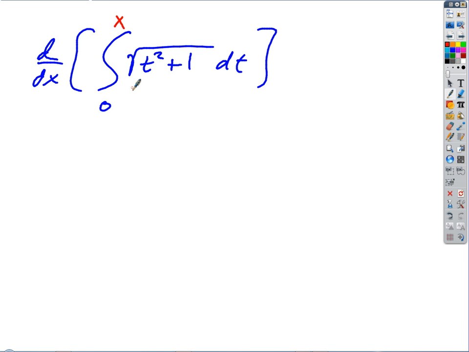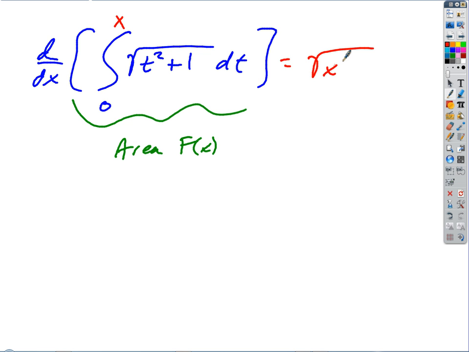And the rate at which we're accumulating, the rate of change of this area, because remember this whole thing right here just represents area, the rate of change of the area is just that.